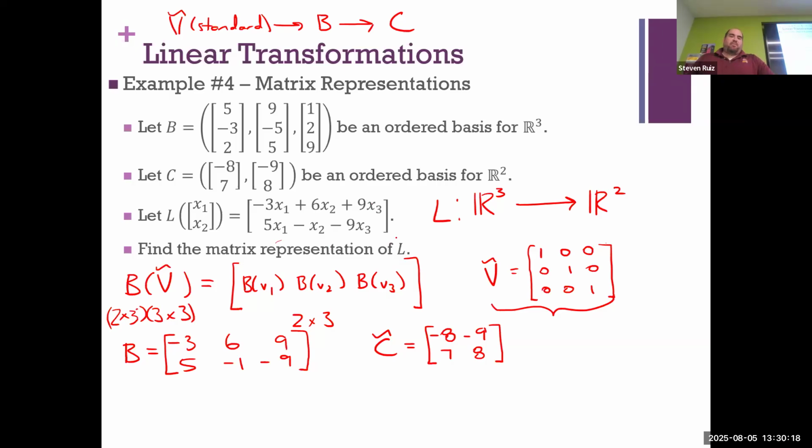To find this matrix representation of L, I'm going to have to have some combination of the standard basis, which is not going to have any material effect, this transformation B, and how I get to this basis of C. So in general, the calculation we're doing is this.